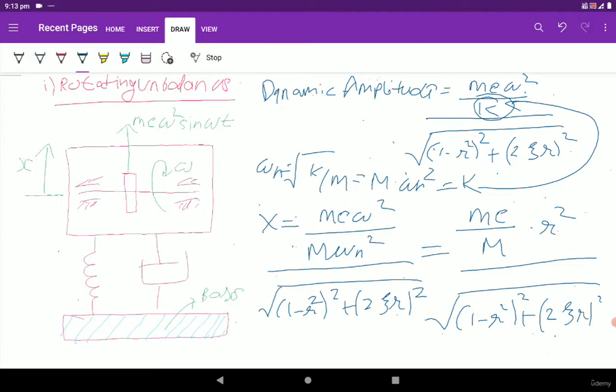Now moving to the reciprocating unbalance. Let me erase this thing first.